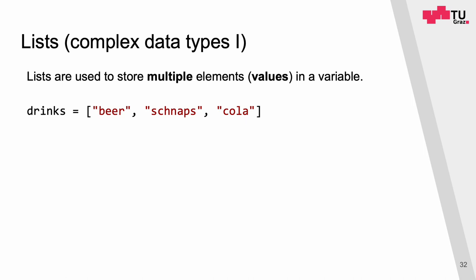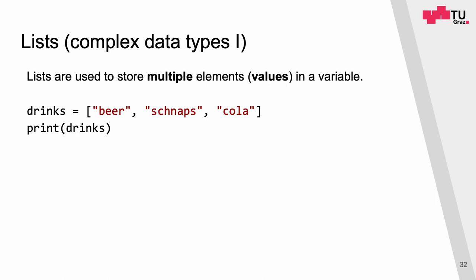We declare a variable called drinks, and we can define a list with those square brackets, and within those square brackets we can type in the elements, which we need to separate by a comma. In this case, the list contains 3 elements, or more specifically 3 strings, which are all separated by a comma. So we have beer, schnapps and cola.